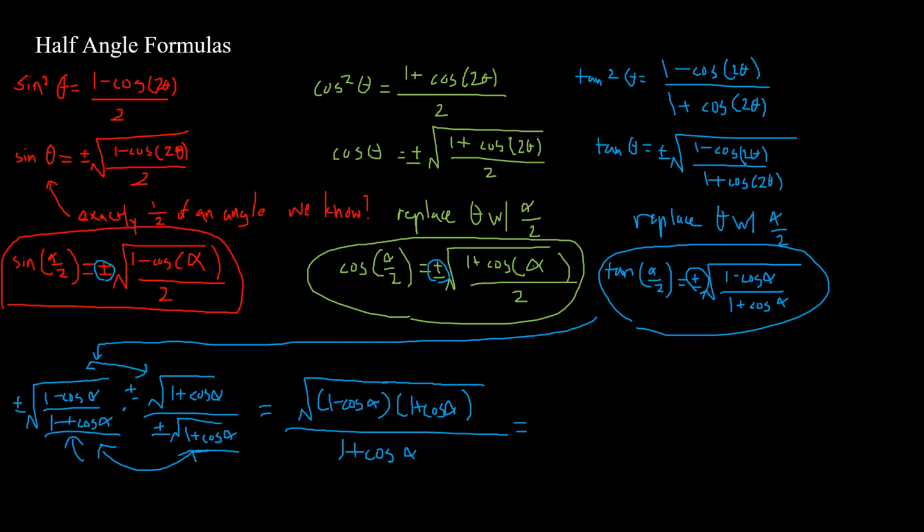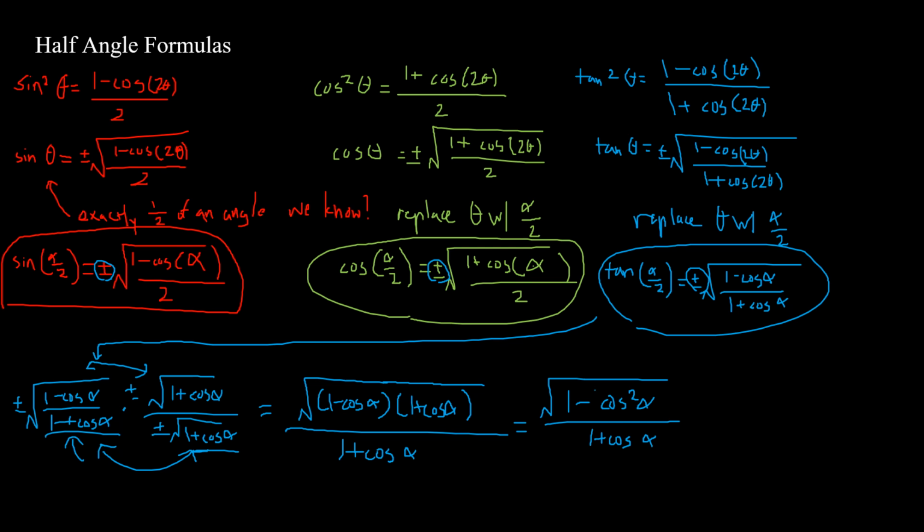So we're going to get square root of a squared, which is 1 squared, minus cosine squared alpha, which is just b squared, all over 1 plus cosine alpha.